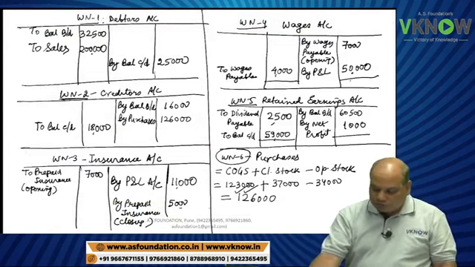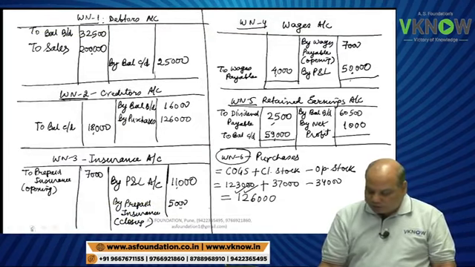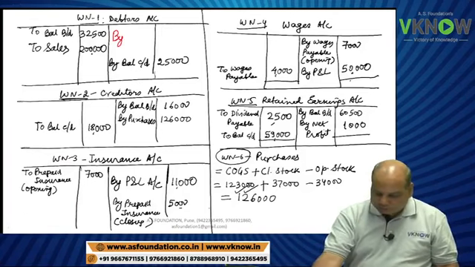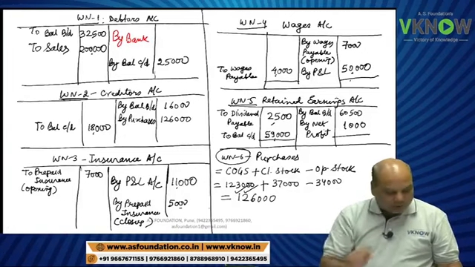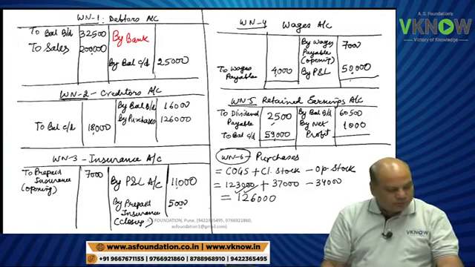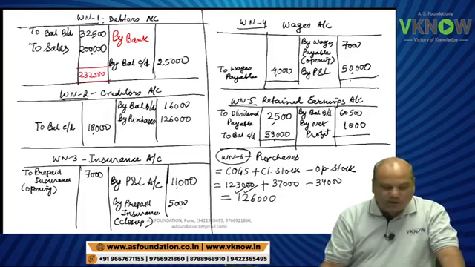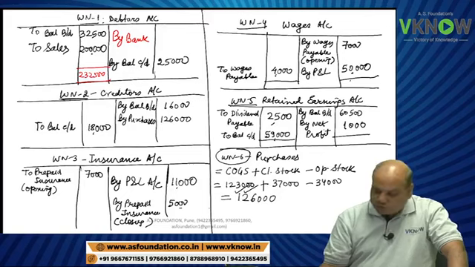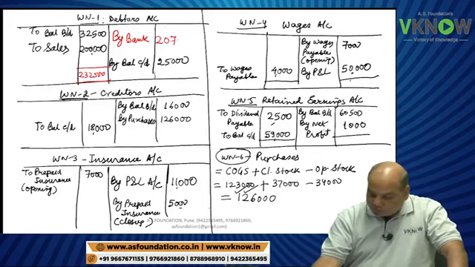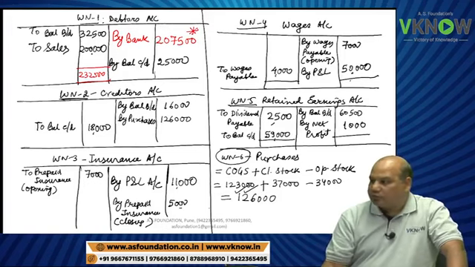So what you will do, working note 1, debtor account, by bank, balancing figure. This is 232,500 on the debit side minus 25,000, so 2,07,500 is collection.